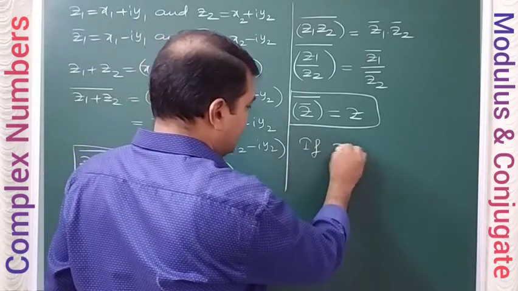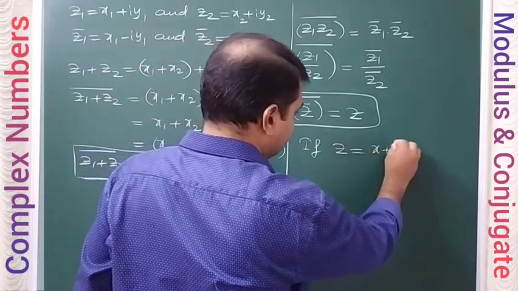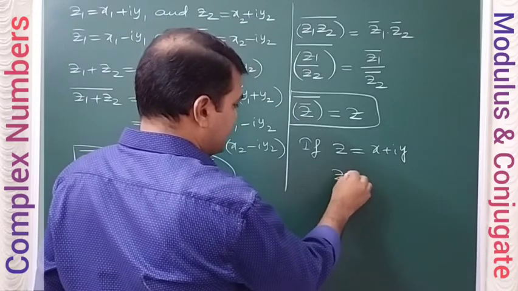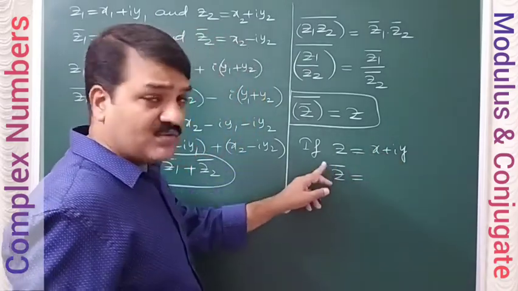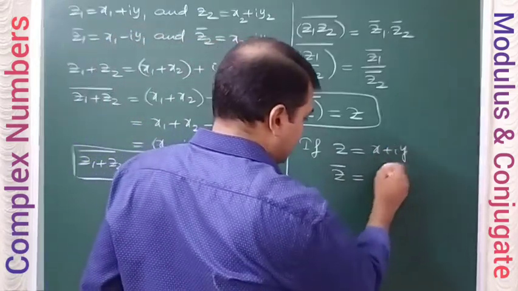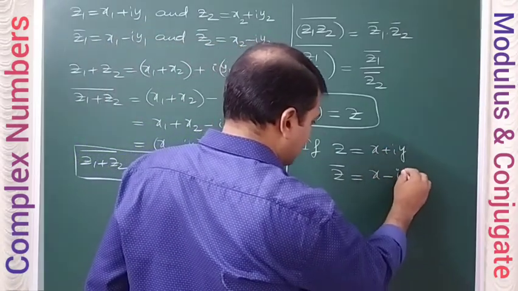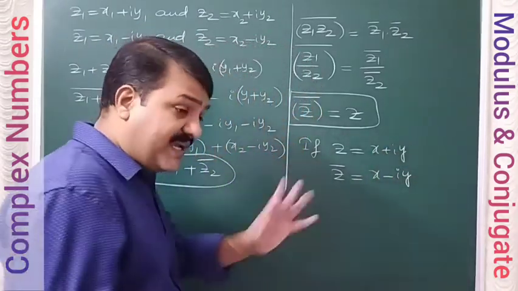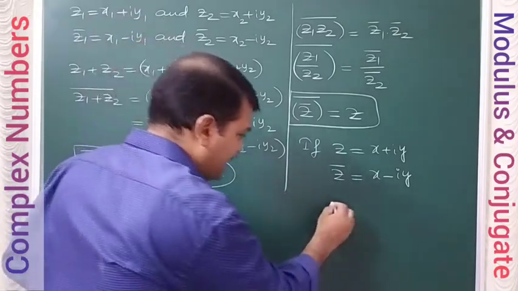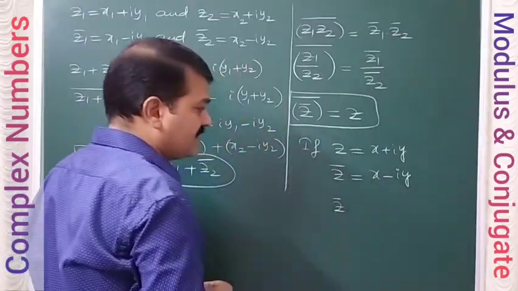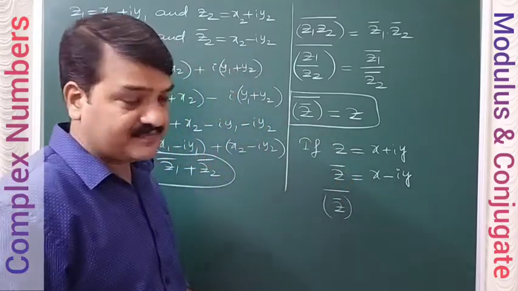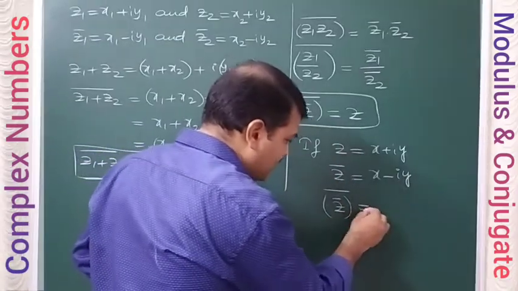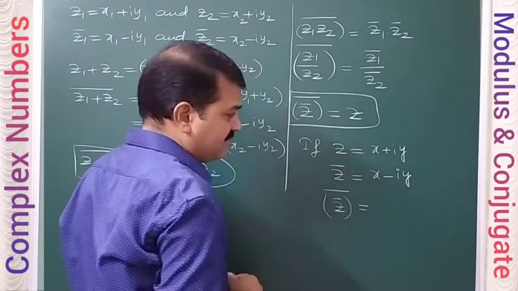So take z is equal to x plus iy. Next take conjugate of z. Conjugate of z, therefore I wrote z bar. Conjugate of z, change the sign for imaginary part. Okay, again take conjugate. For z bar you take conjugate, means again bar I am writing. So what is the conjugate of this z bar?